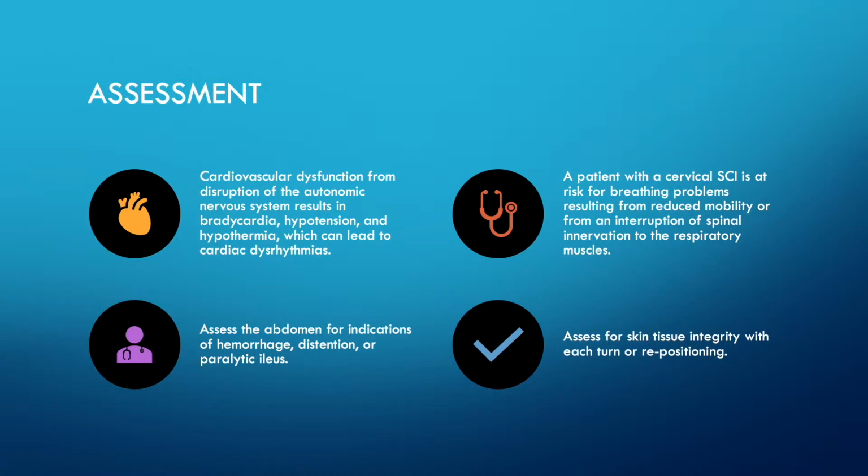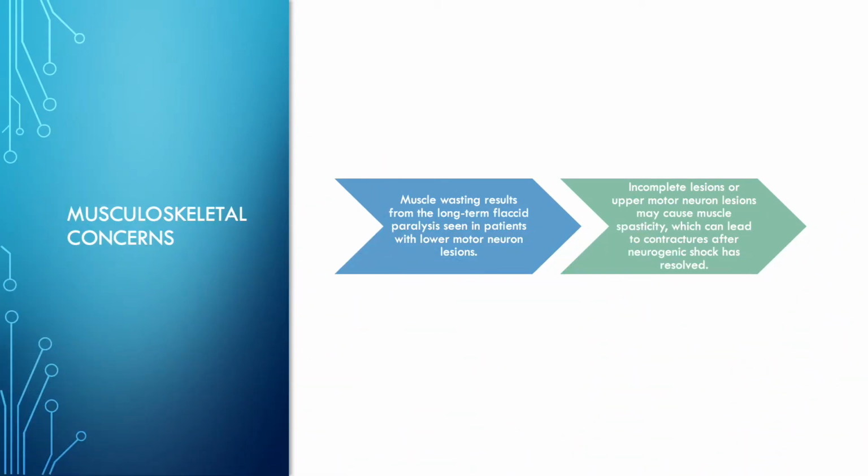Your plan of care should include musculoskeletal concerns, because muscle wasting results from the long-term flaccid paralysis seen in patients with lower motor neuron lesions. An incomplete lesion or upper motor neuron lesion may cause muscle spasticity, which can lead to contractures after the neurogenic shock has been resolved.